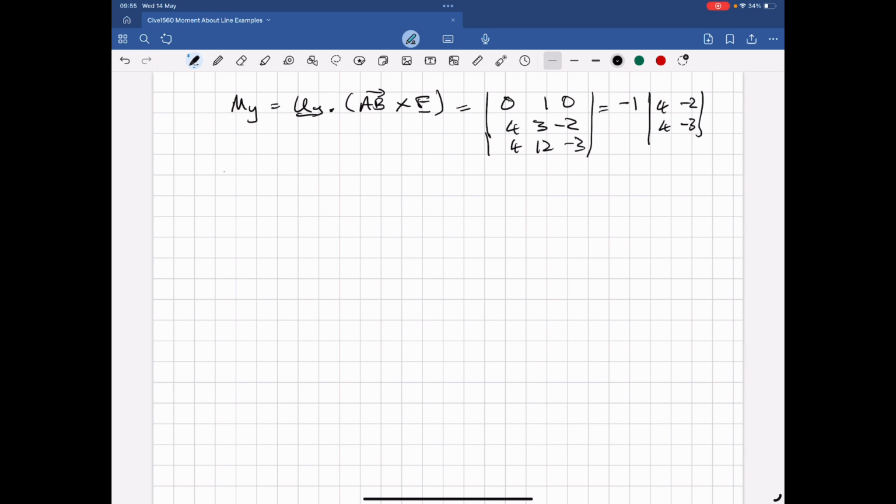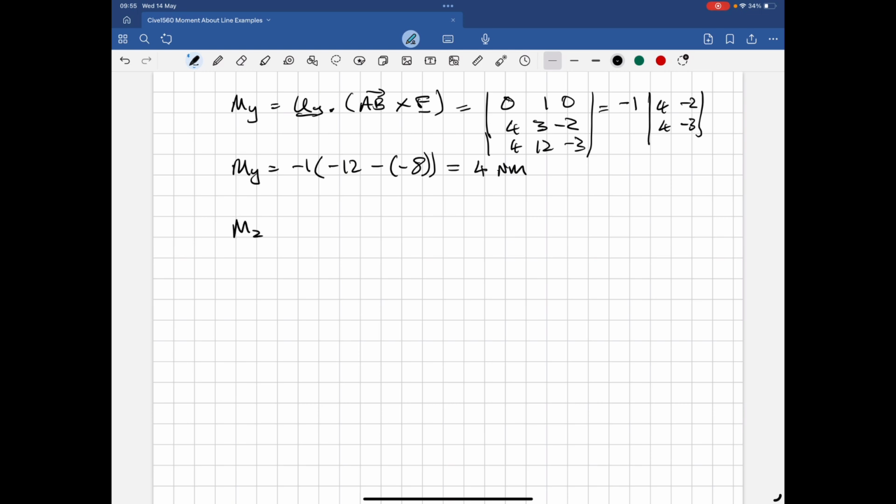And we can expand that to My equals minus 1 times minus 12 minus 8, which equals 4 Newton meters.